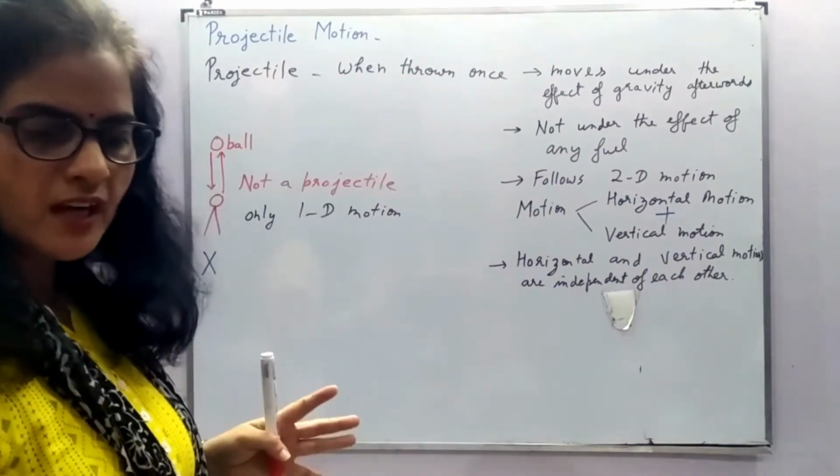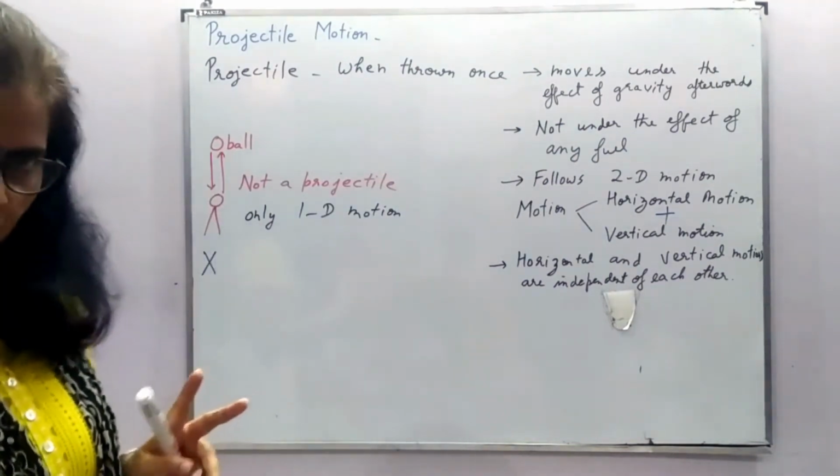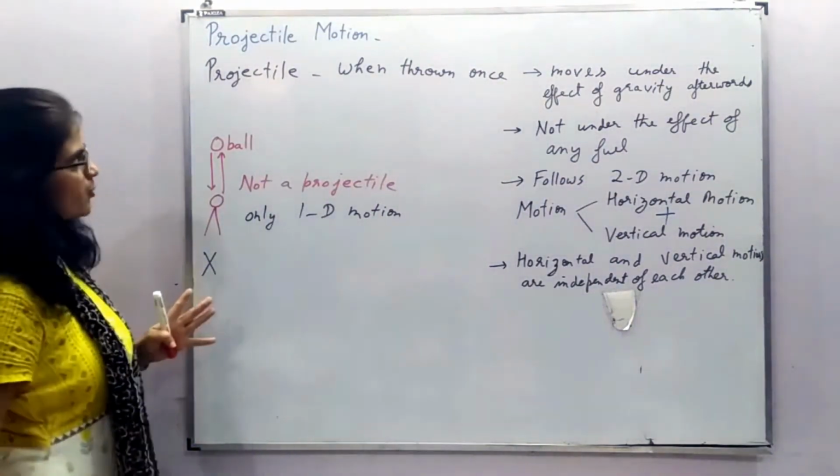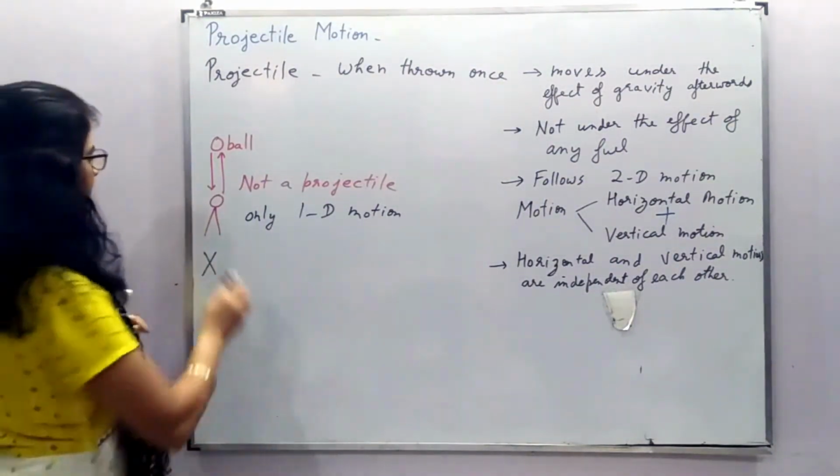Now we have in our course the two types of projectile motion. First is the oblique projectile and second is the horizontal projectile. So let's first take the oblique projectile.